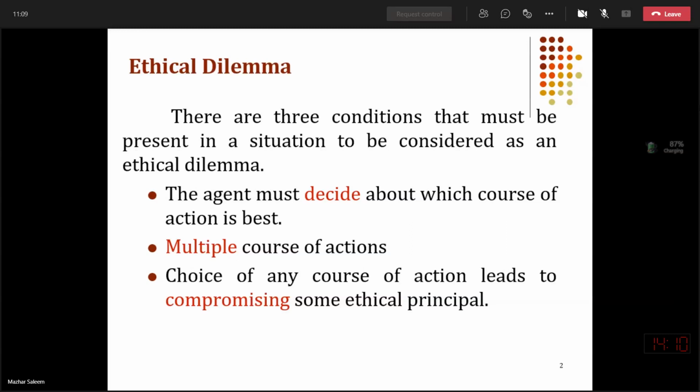If you go and attend your interview, and you do not help the person who was in need of your help, then you are compromising one ethical principle. And if you stop there and help that person, then you sacrifice your self-interest. And by the way, following your self-interest is also ethical.